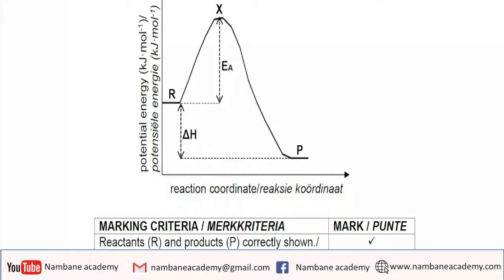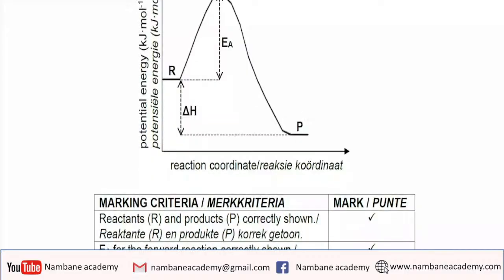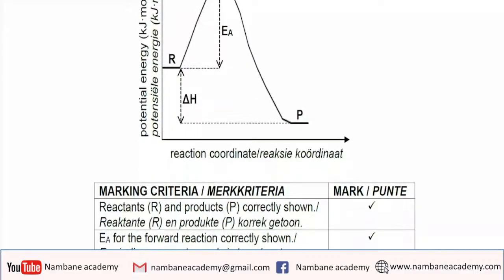Or if they point to it and write activated complex, we can afford them a mark, though we have clearly said they must write it with an X. And then the fourth mark goes to delta H, being the distance between the reactants and the products. So if they are showing that distance correctly and indicating that it is the delta H, then they can get a mark for that.